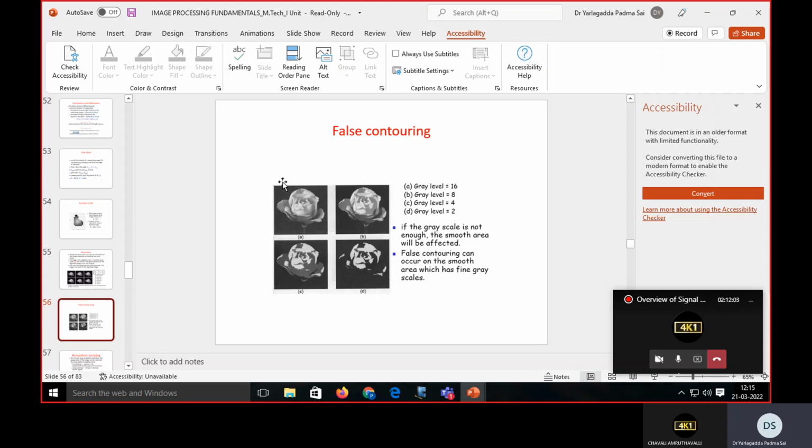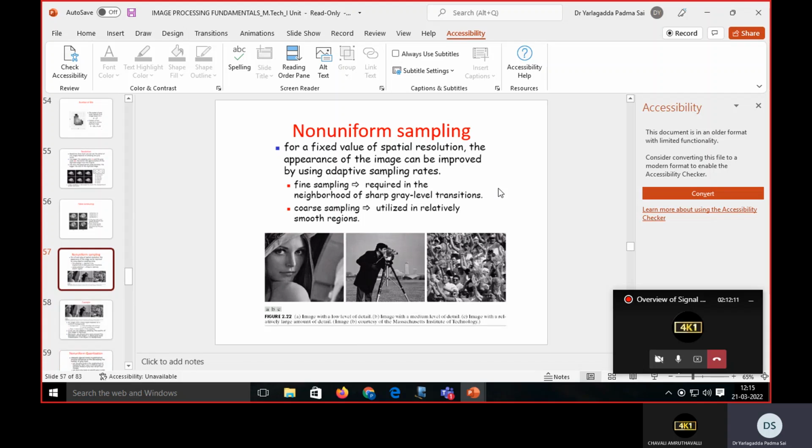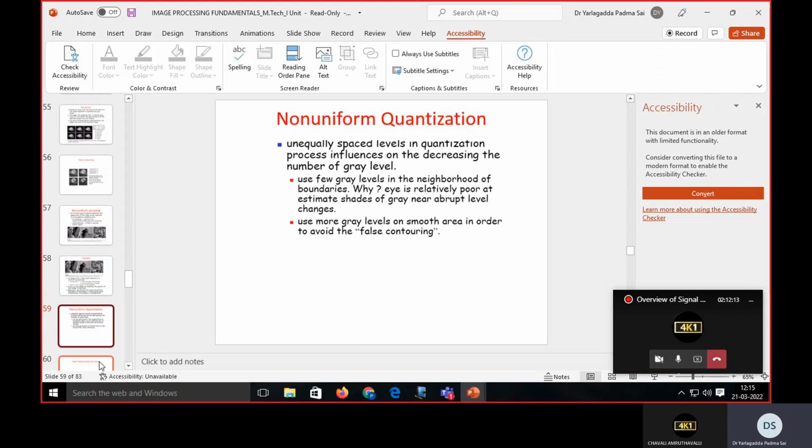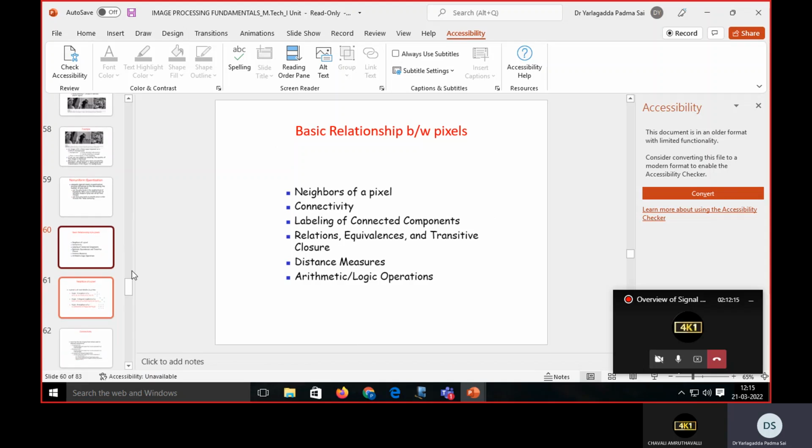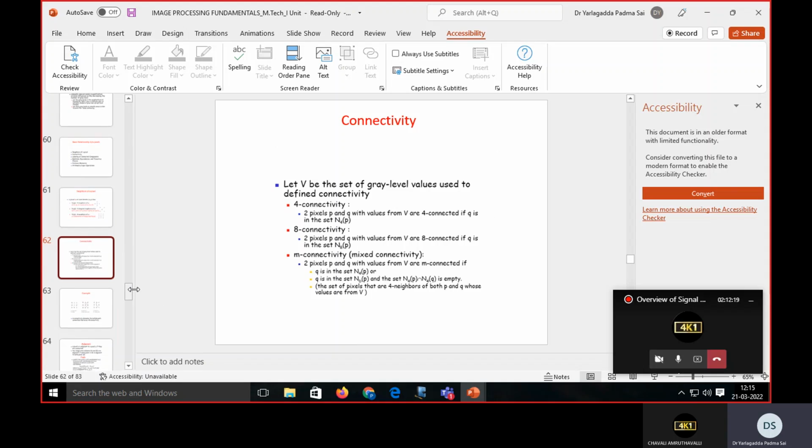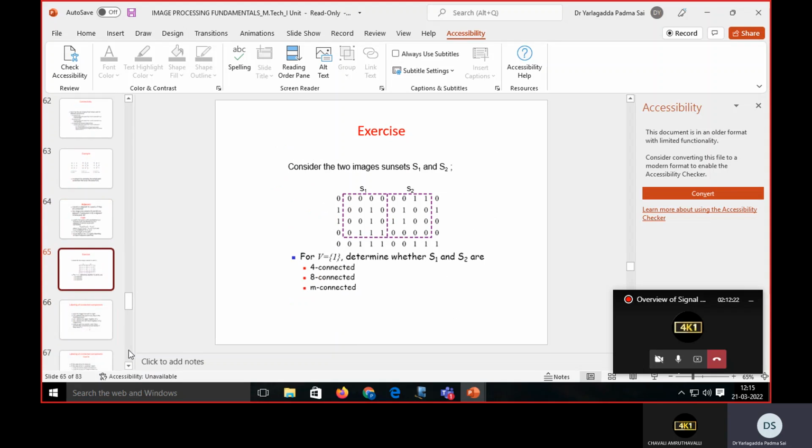Keeping resolution constant, reducing the number of gray levels, during that case also you are getting a problem. So sampling, all those things, you know. Pixel relation also. This is a brief about image processing.